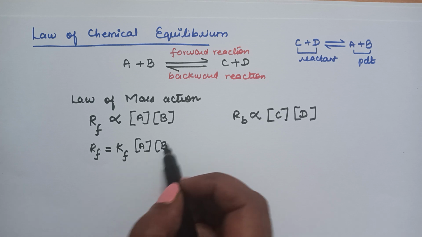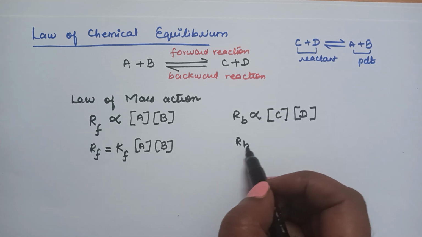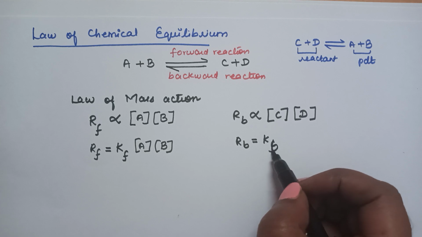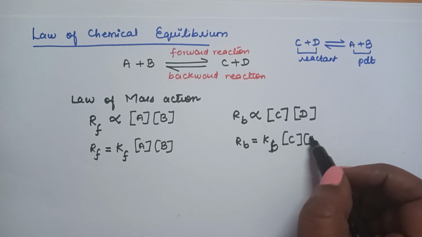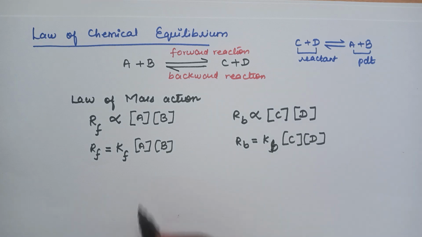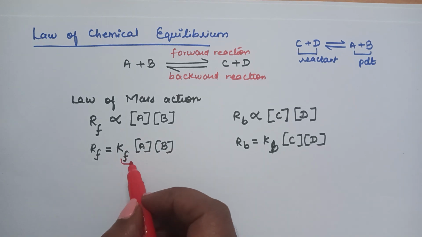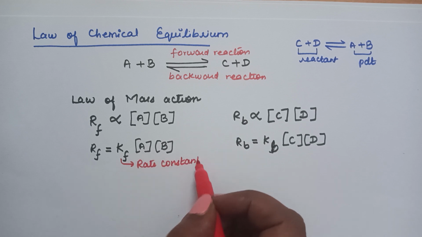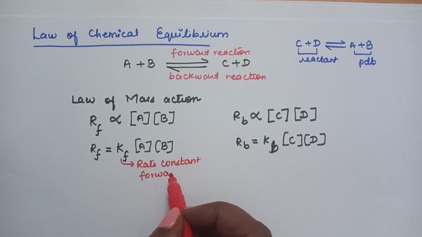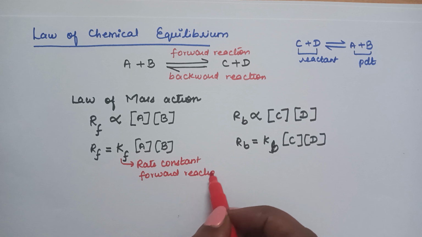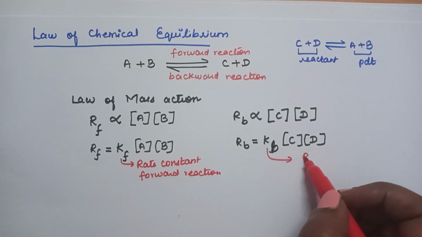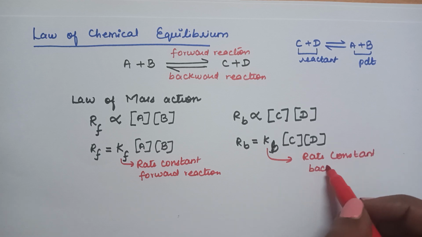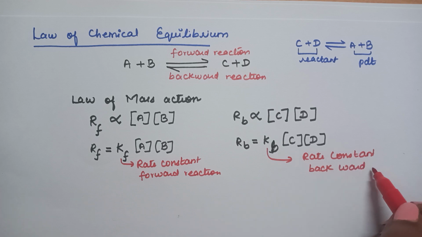Same, the rate of the backward reaction will be equal to the rate constant for the backward reaction, Kb, into C, D. So here Kf is the rate constant for the forward reaction, and Kb will be the rate constant for the backward reaction.